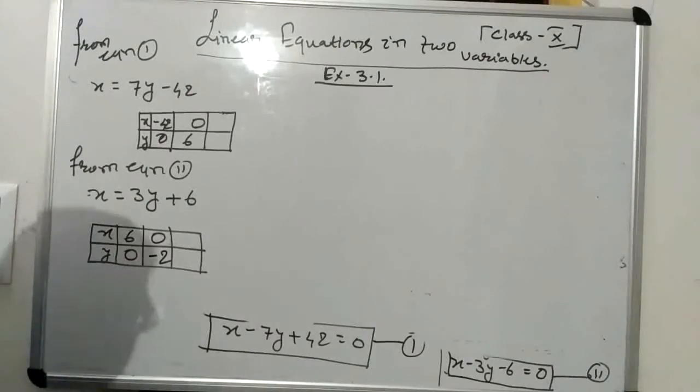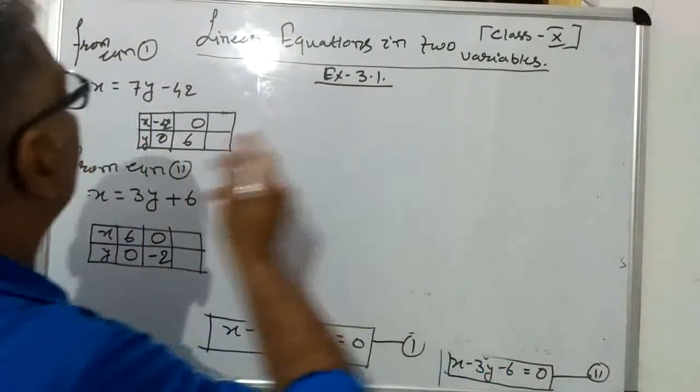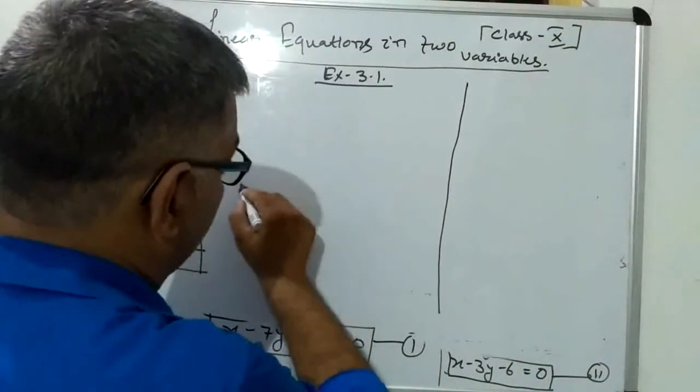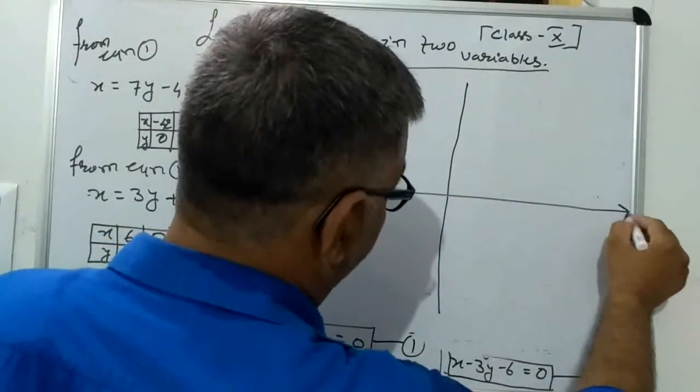So now you draw the two axes, one horizontal and one vertical.